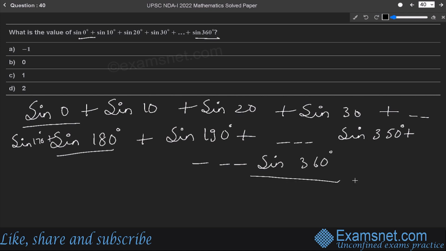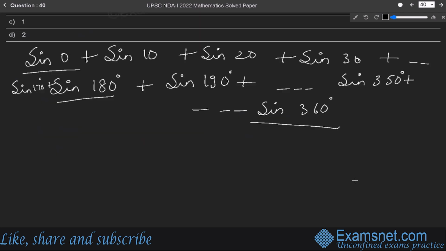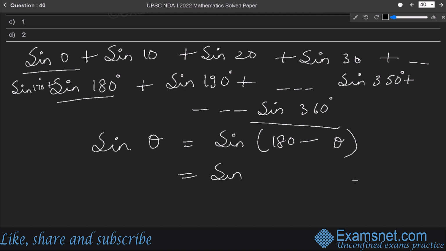So let us focus on the other parts. We know a very simple formula, which is sin θ = sin(180 - θ). We can also write it as sin θ = -sin(180 + θ). Both are equal.